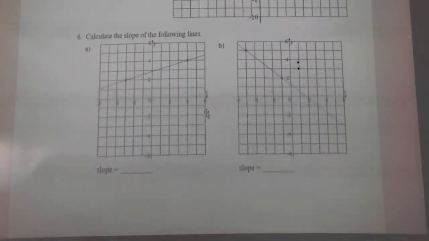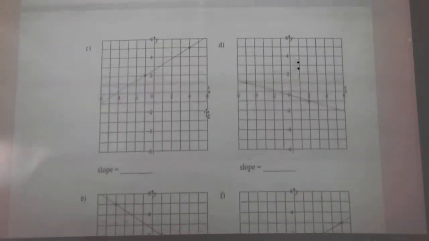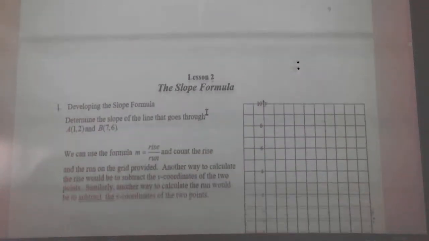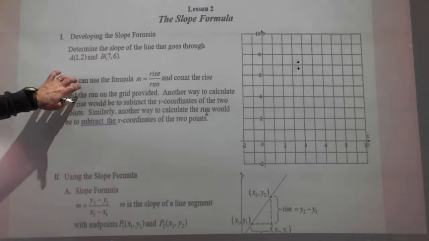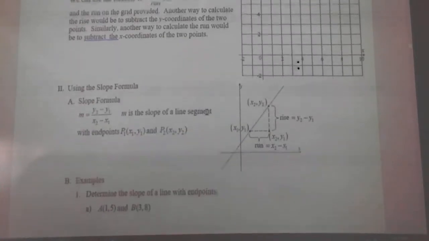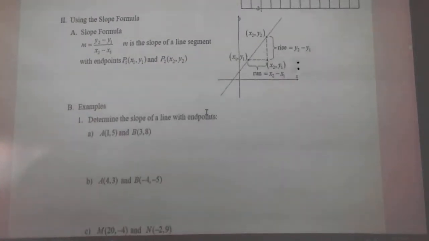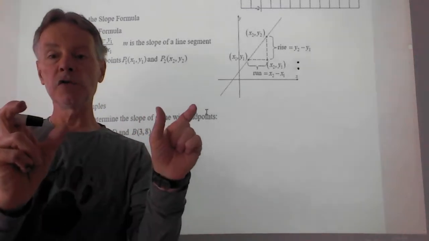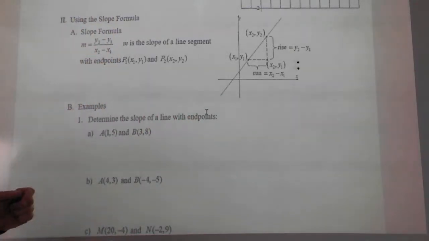Now, as we move on, these are just lots of examples. Eventually, you're going to end up with examples where you're not given a graph, where you're just given 2 points on the line, okay?